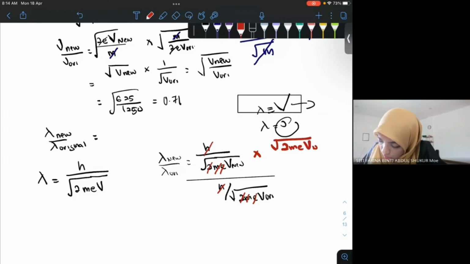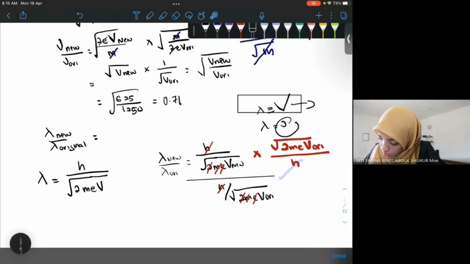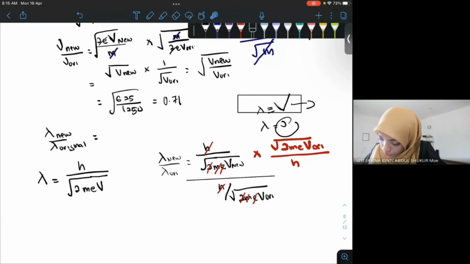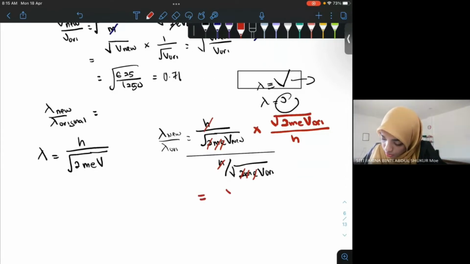Physics dekat sini adalah just to come up with the equation yang akan relate dia tu je lah. Yang lain semua like literally your maths. Okay, cancel your H. Cancel your H. And then you can cancel 2m E. So you're going to be left with square root of V original over square root of V new.